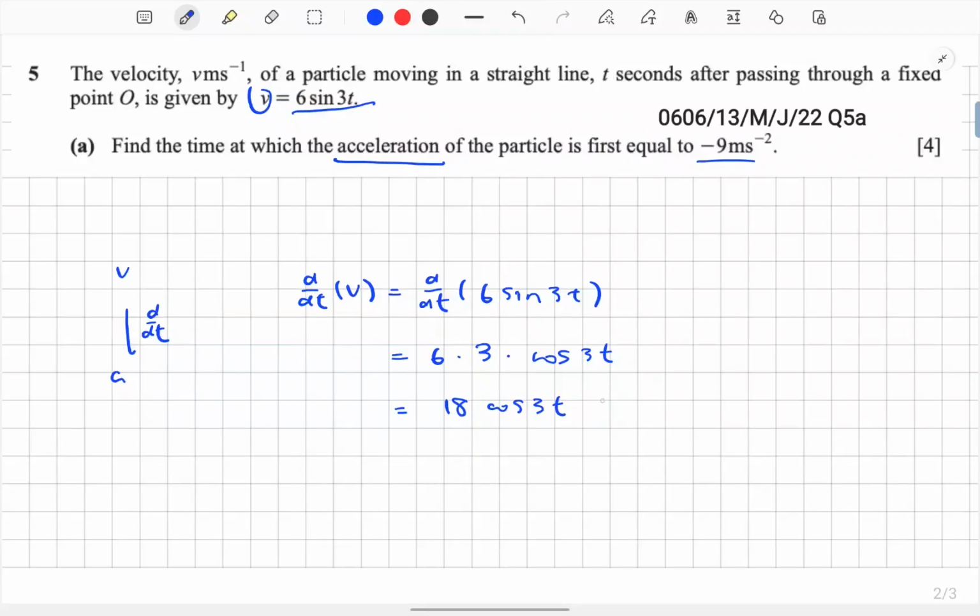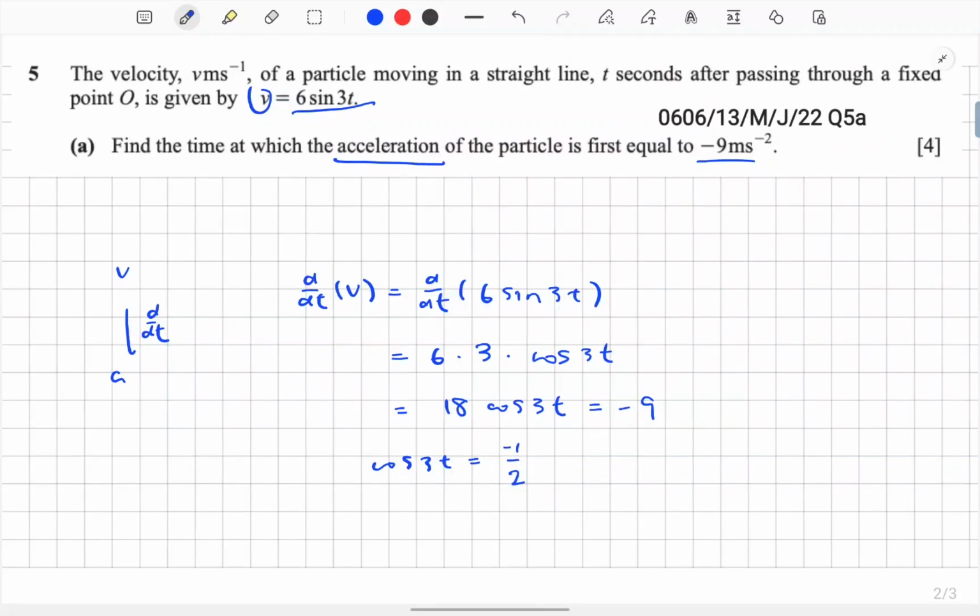And we need to find when this equals -9. When we simplify this, we divide 18 on both sides, so cosine 3t equals -1/2.